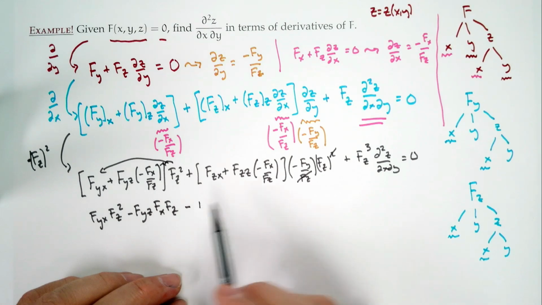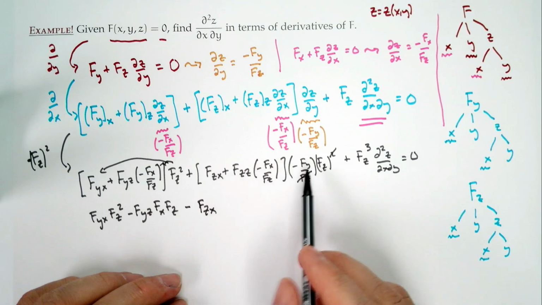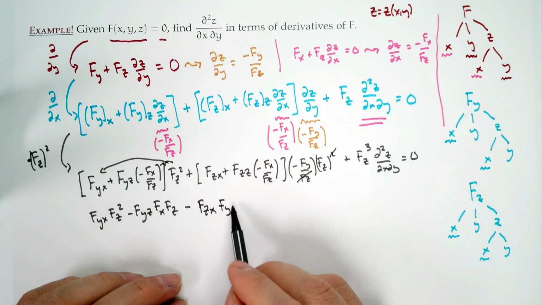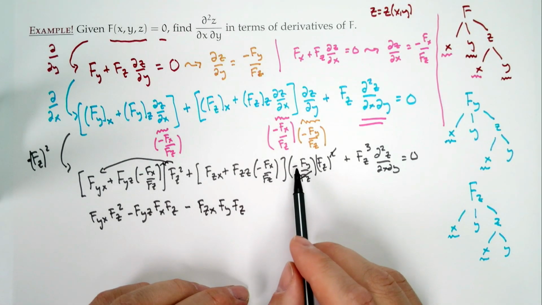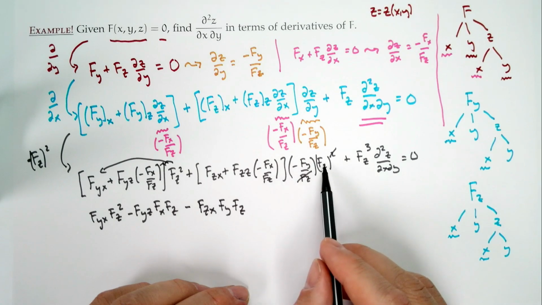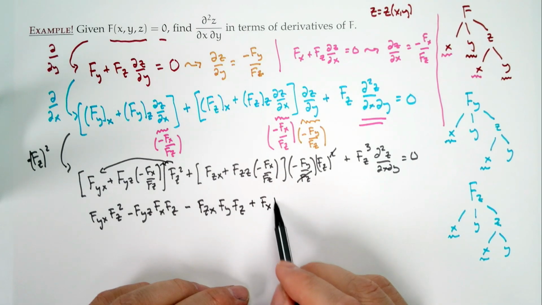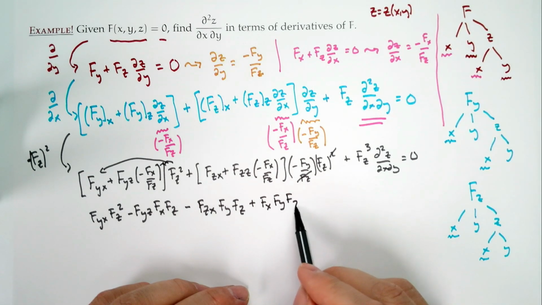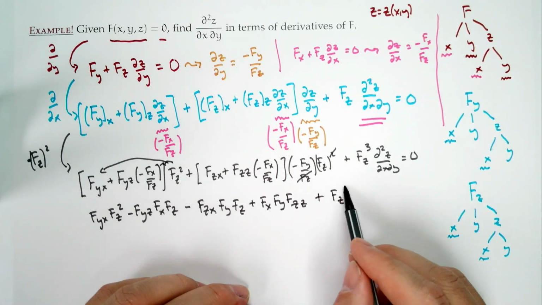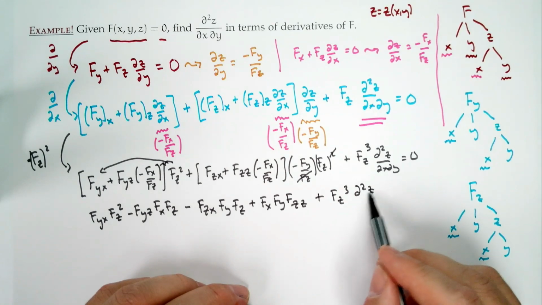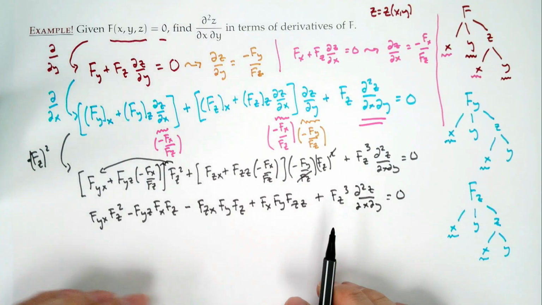So we're going to get a minus from here, f z x, then f y, f z. Then minus makes plus. There's another f z, that'll cancel with that f z. So we're going to get a plus f x, f y, f z z plus f z cubed times partial squared z, partial x, partial y equals 0.